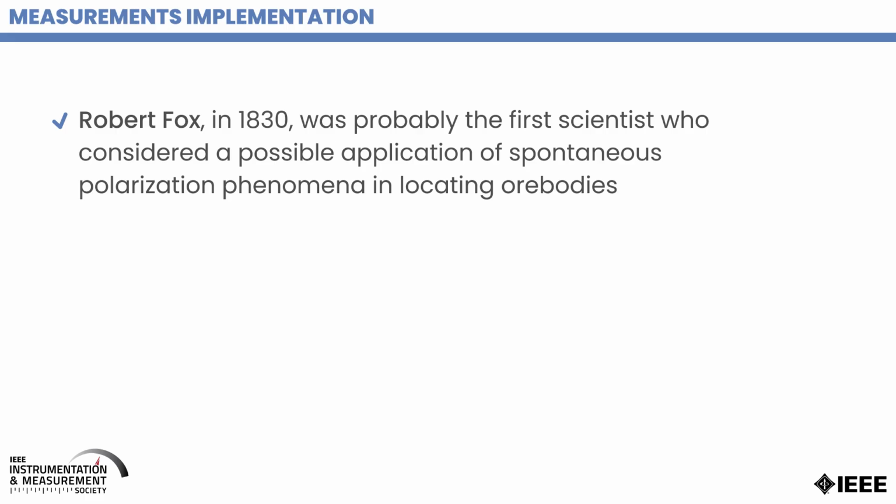Robert Fox in 1830 thought that it could be possible to exploit the spontaneous polarization phenomena on the ground to assess the conductivity distribution and probably to get insight into the presence of minerals of different kinds.